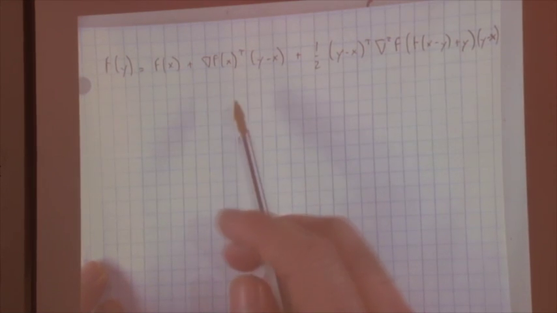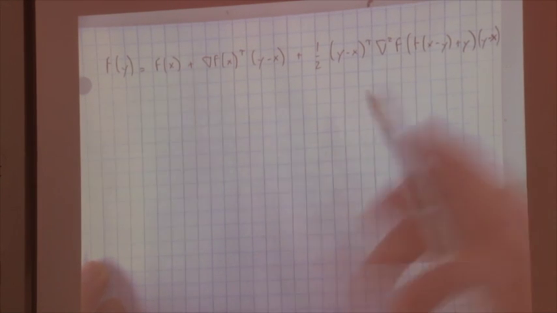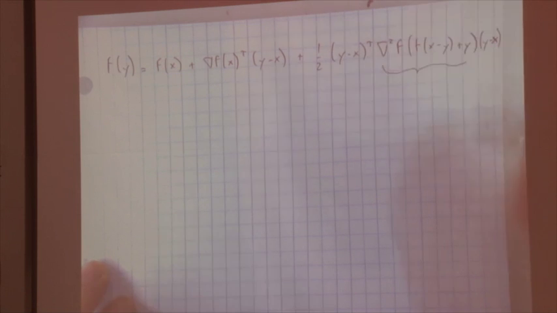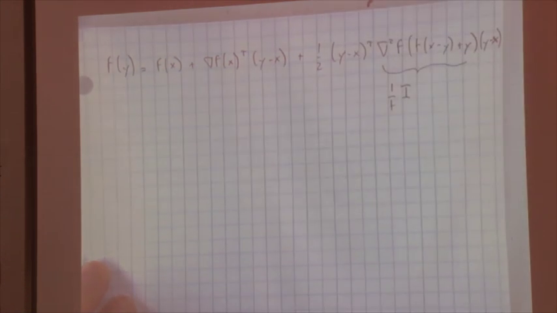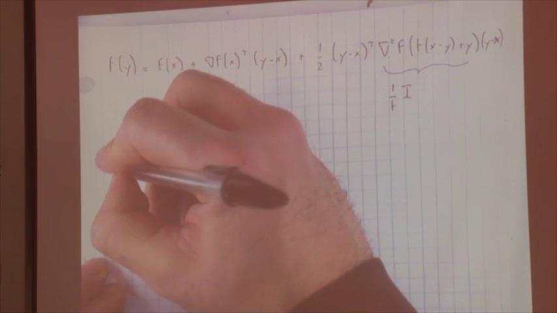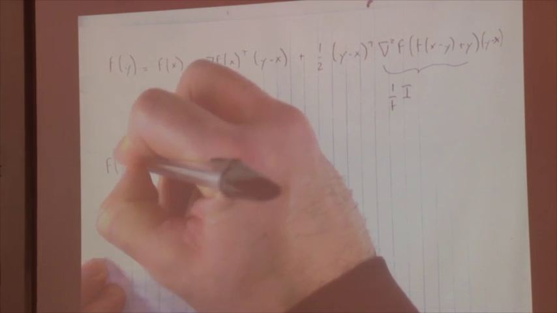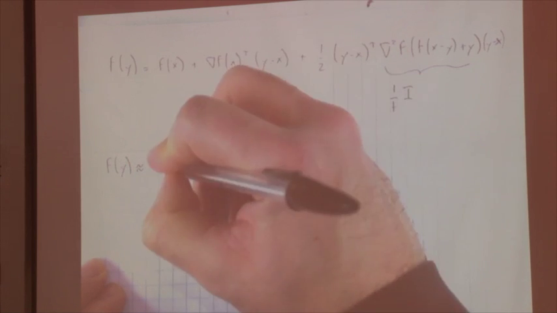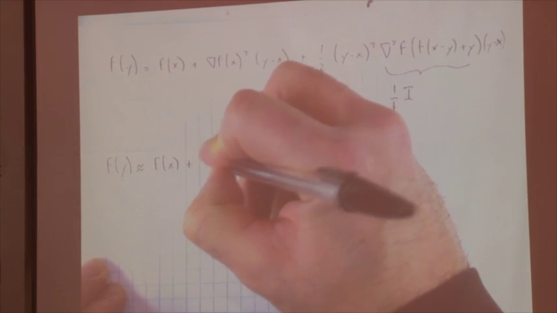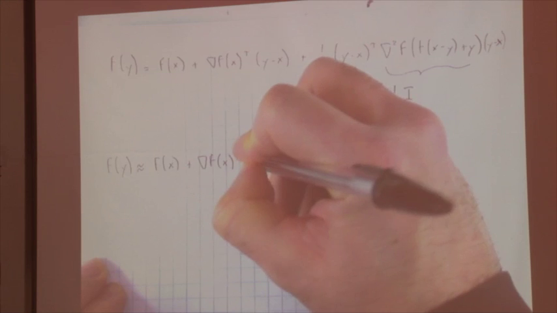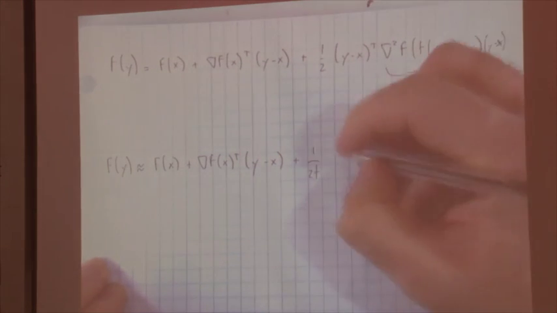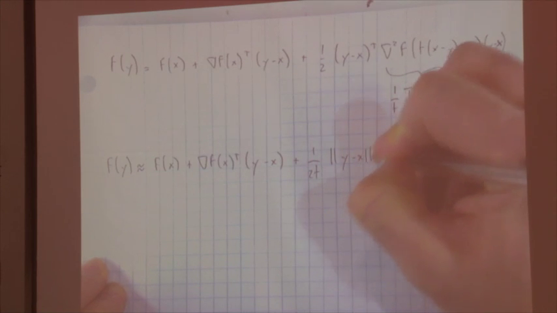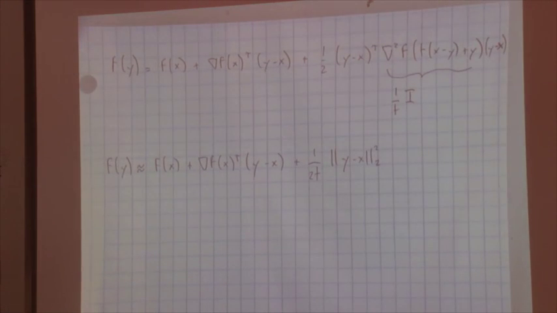So if you tweak this Taylor expansion a little bit by replacing the Hessian matrix by 1 over t times the identity, what you get is an approximation of f of y, which takes the form f of y is roughly equal to f of x plus the gradient of f at x transpose y minus x plus 1 over 2t the squared norm of y minus x. Now you have a quadratic approximation of the function.